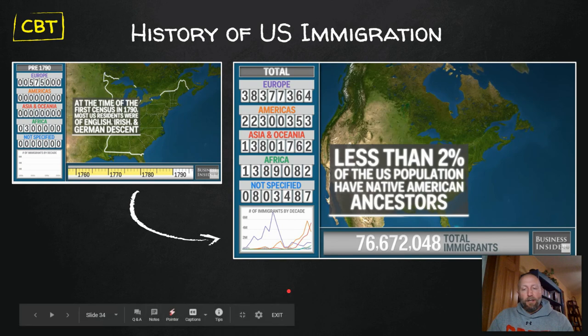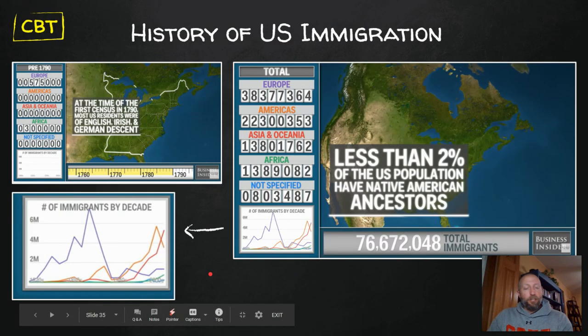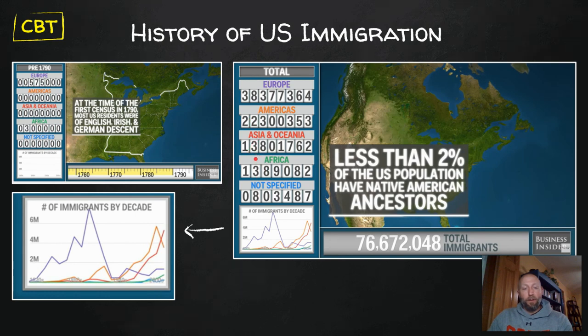Really tough to see. So what I did was I blew it up for you. And I just want you to pay attention to how the number of immigrants per decade are going up and down from the different areas. And the colors here match the colors from the different areas. Okay, so if you follow the purple line, that's number of immigrants from Europe.